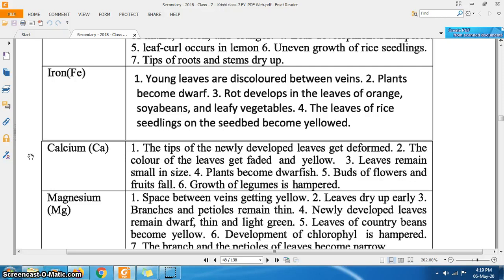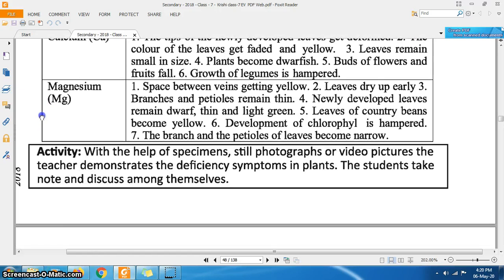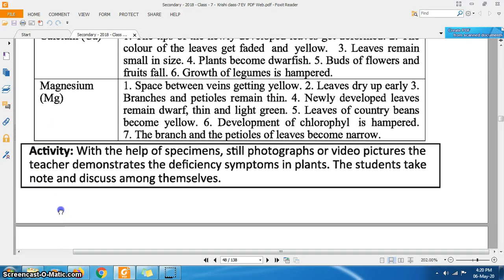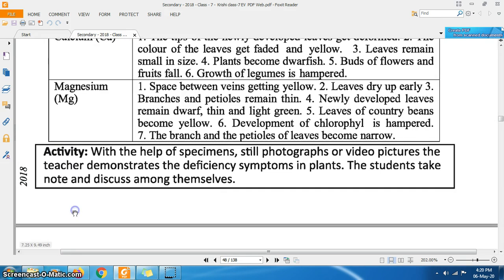Newly developed leaves remain dwarf, thin and light green. Leaves of country beans become yellow. Development of chlorophyll is hampered. The branch and the petioles of leaves become narrow.